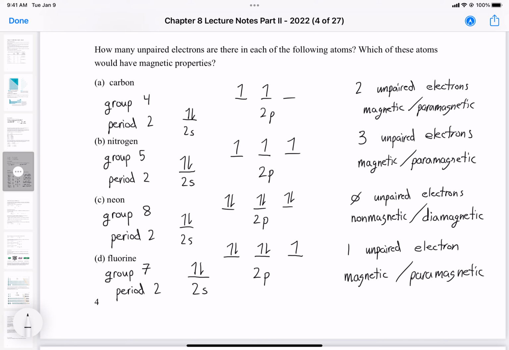Okay? So that's how we determine if atoms are paramagnetic or magnetic. Look at the unpaired electrons. So when you're filling out these orbitals, you don't want to pair electrons until all the orbitals have been occupied by 1 electron each, because that gives the lowest energy arrangement of the atom and its orbitals. So always maximize the spin.